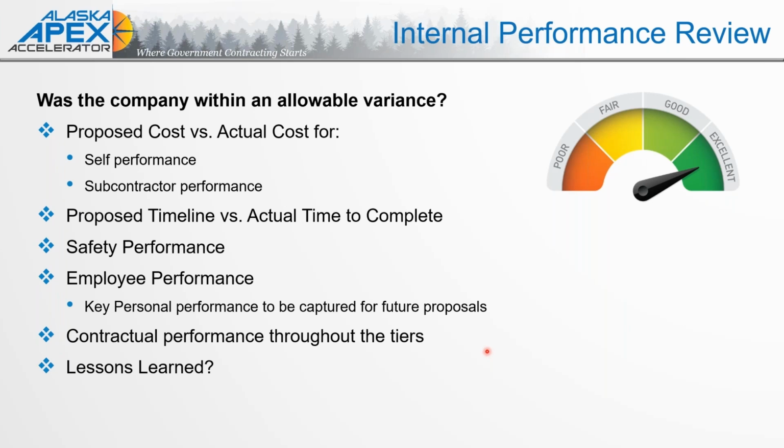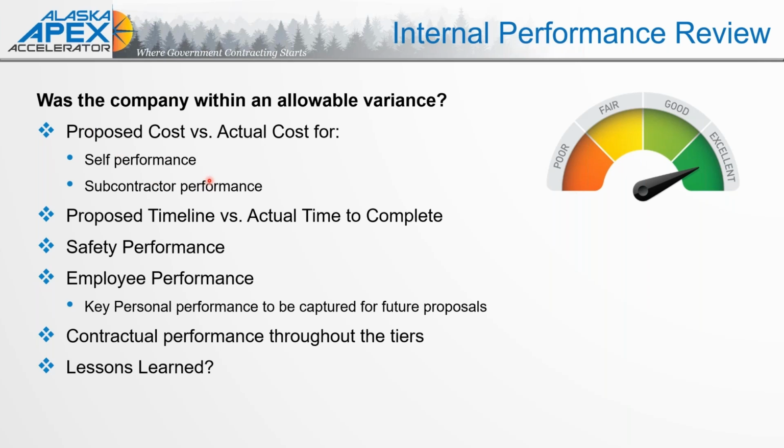So now that we have that data, we can take a moment and look internally at our contract performance. We have our submittal documents and our proposed pricing, and now that the contract is closed, we have our actuals and can do a comparison. How did you do for your performance differential?